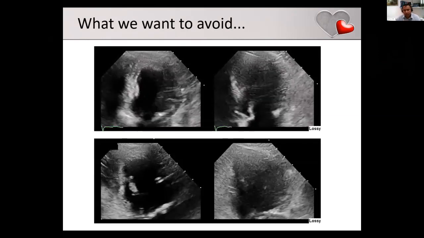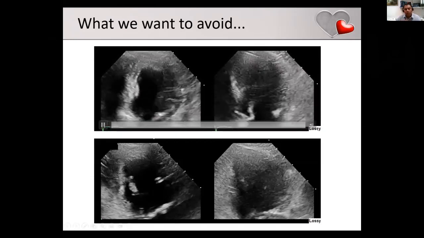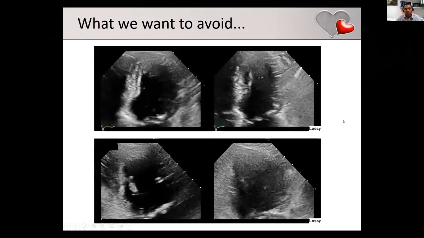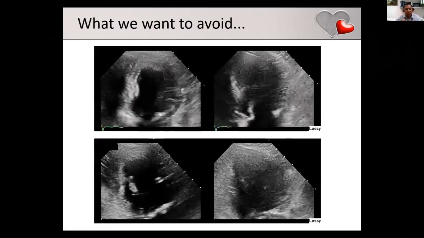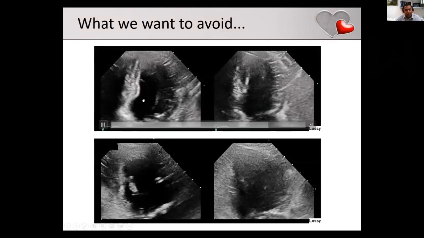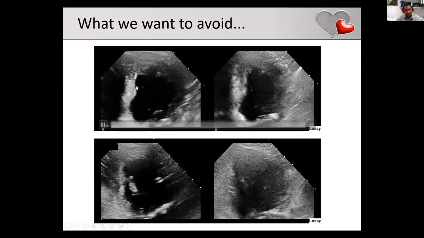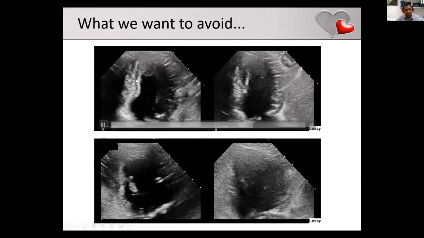This is the sort of thing, I suppose, that we're trying to avoid. This is an example of trying to cope with the image that you've got, thinking, well, it's just about okay, I'll get by. Well, if you have a close look at this apical 4-chamber here, it is often the case that the inferior septum, the endocardial border, is well defined, and you can see this quite nicely.